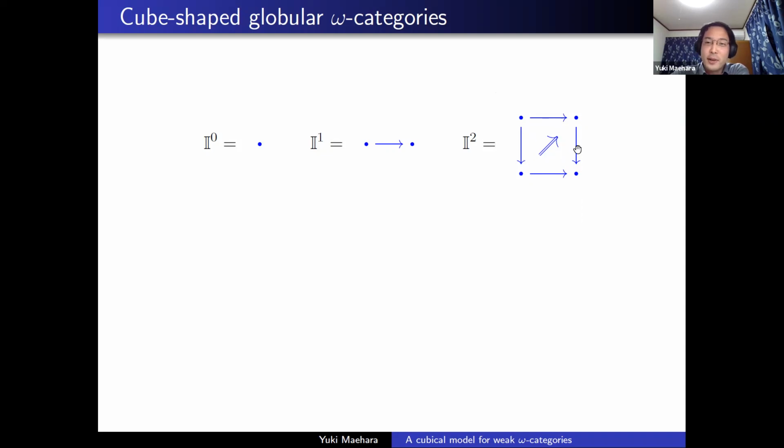In particular, this middle 2-cell should really be a 2 globe. So we have these 4 generating 1 cells. And because we are in an omega category, we can compose these 2 arrows and get a composite arrow going from top left to bottom right. Similarly on the other side, and this 2-cell in the middle is really living between these 2 composites.